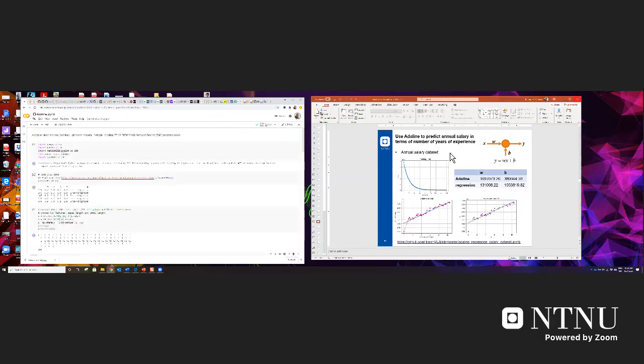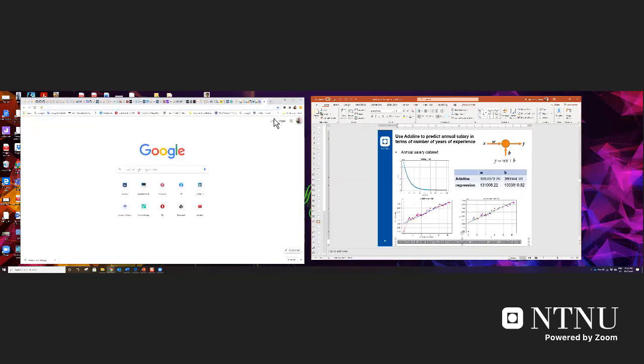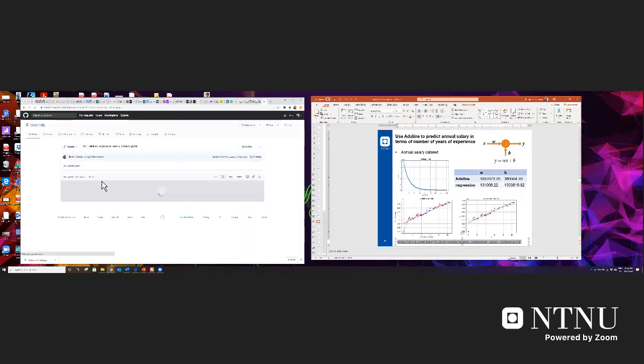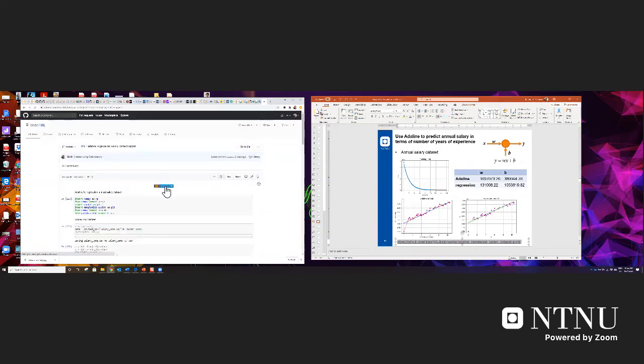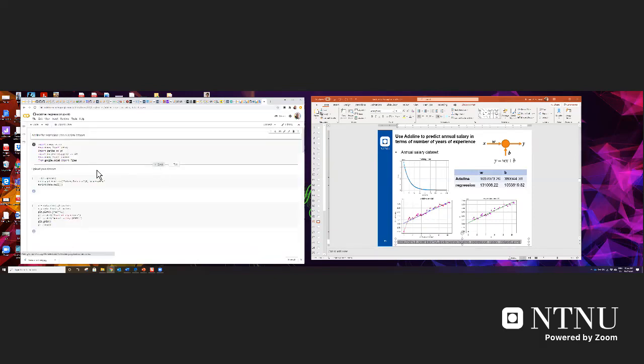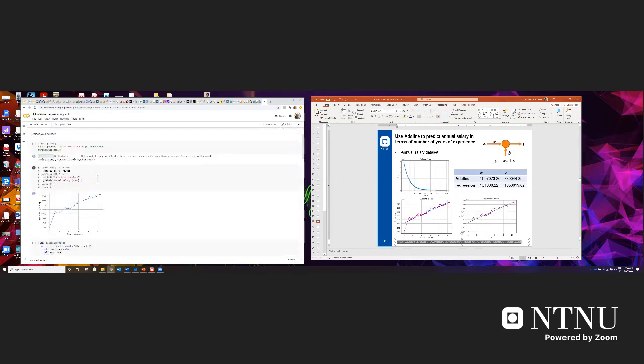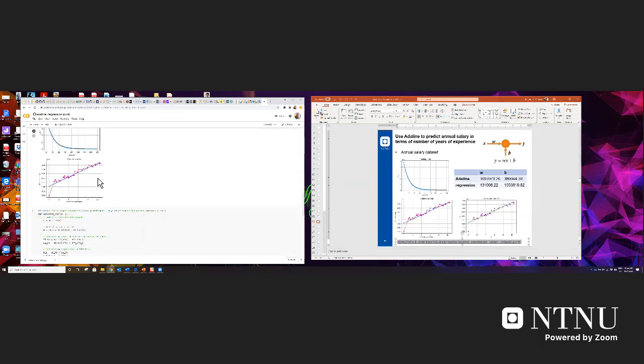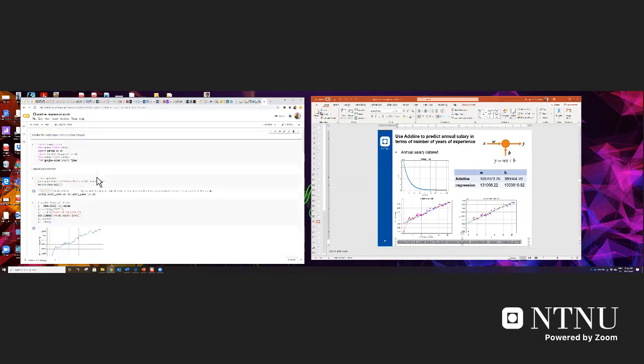I tried to search for the code. So it's called. So in my screen now, we have the code for this regression problem.